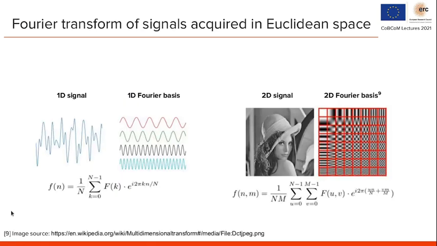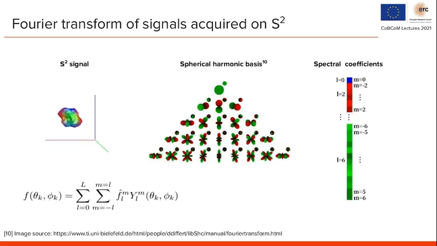As is well known, integrable Euclidean signals can be represented as a linear combination of elements of the Fourier basis via the Fourier transform, as illustrated in this slide. In analogy, an integrable spherical signal can be represented as a linear combination of spherical harmonics.